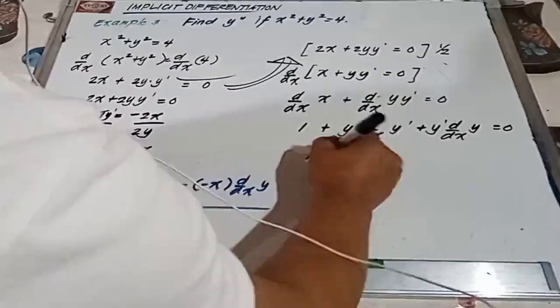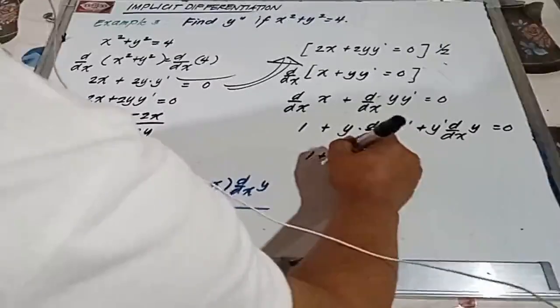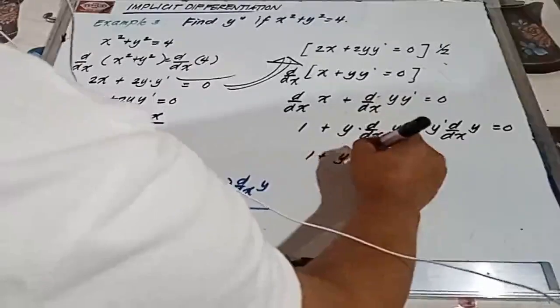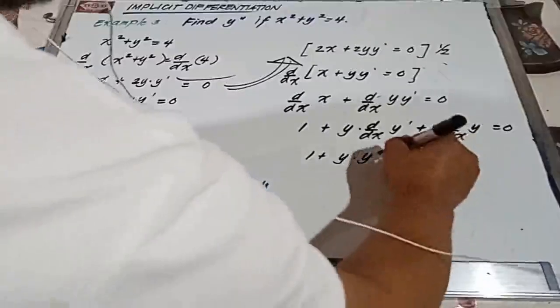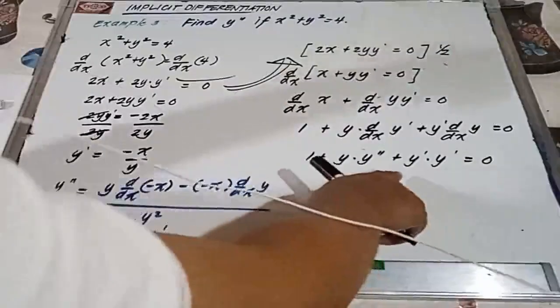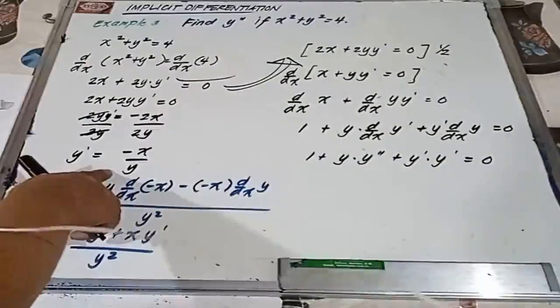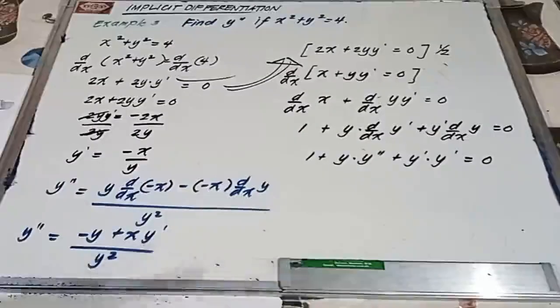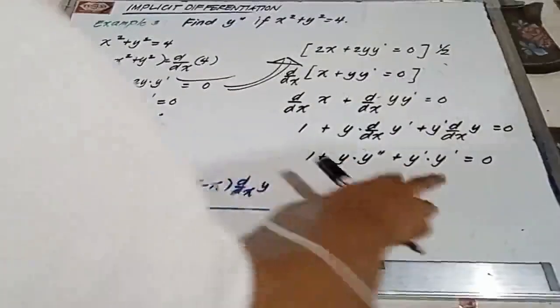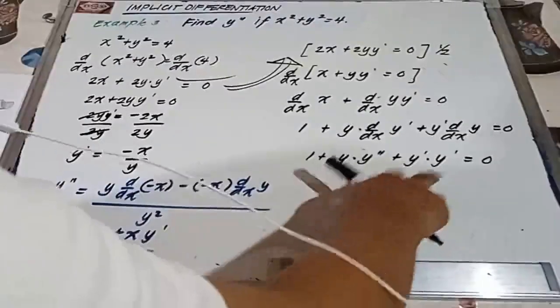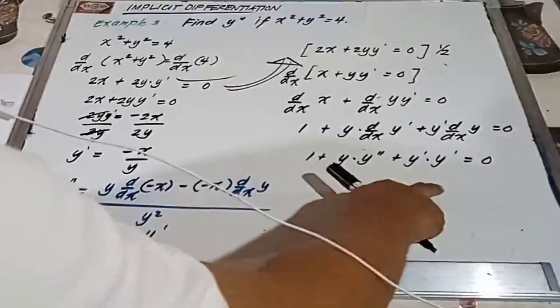So we have 1 plus y times y double prime, plus y prime times y prime, equals 0. Y prime times y prime, we can apply this one, negative x over y. But before substituting y prime to this, we can simplify y prime times y prime as y prime squared.